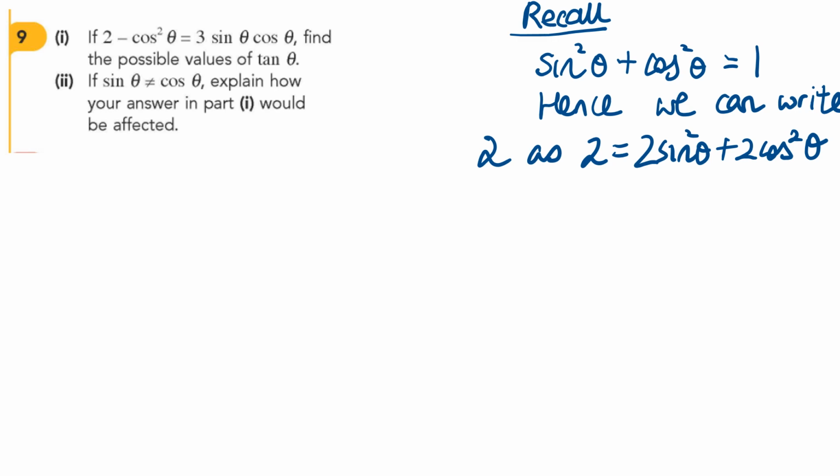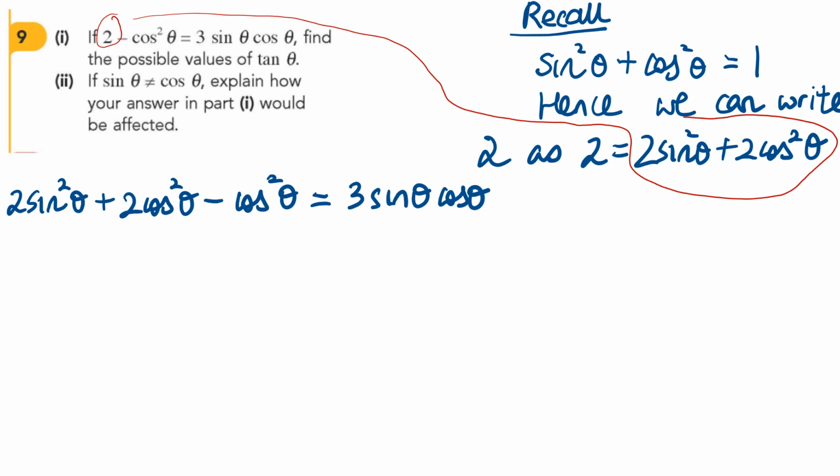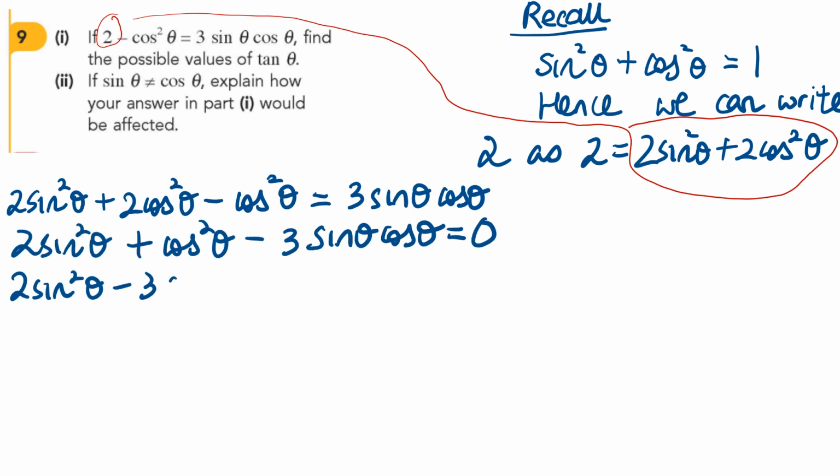So why do we want to do that? Because if you look at part 1, this is what exactly we're going to do. We're going to replace this guy here with this, so that I can simplify further to get this. 2 cos squared theta minus cos squared theta, this one here, will give you cos squared theta.